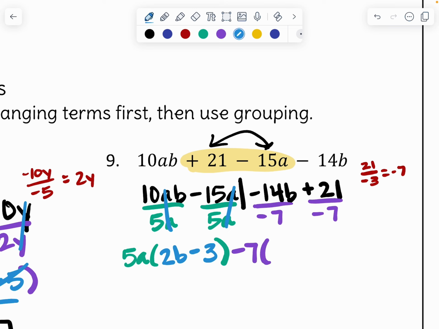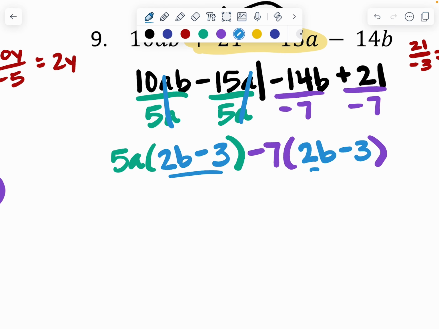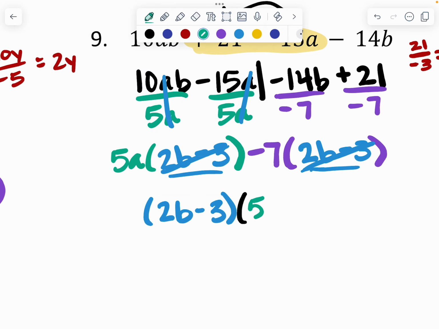Negative 14 divided by negative 7 is positive 2b. 21 divided by negative 7 is negative 3. So you see now I have perfectly matching binomials. So factor that out. 2b minus 3 times 5a minus 7.